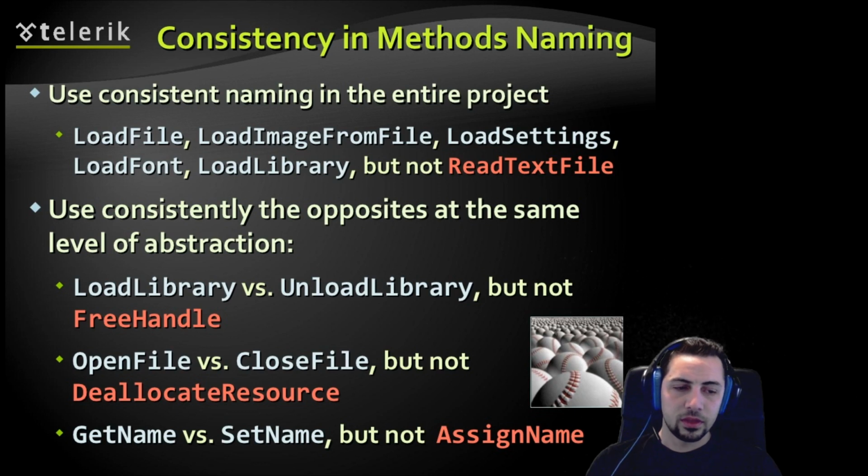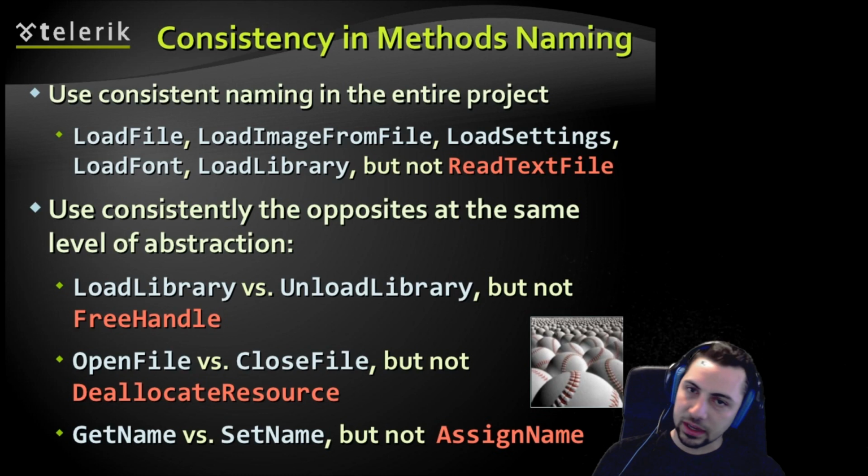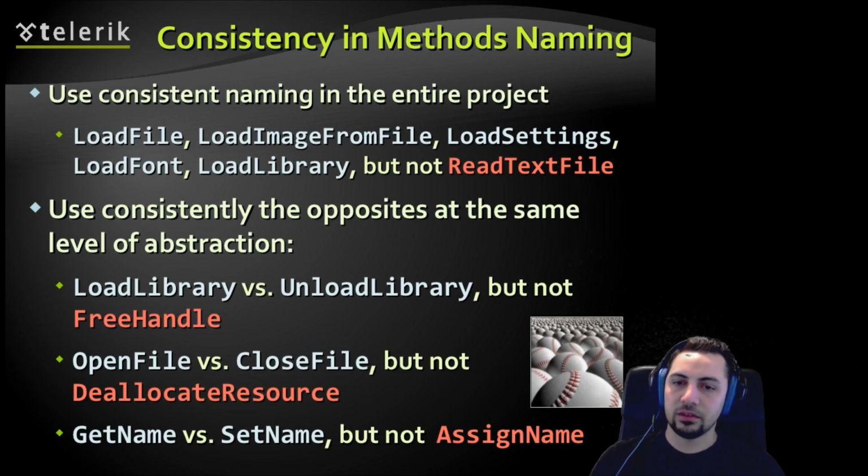Okay, this is difficult to keep track of, this next practice of naming methods consistently. If you have a method called load file and then load font, you have created a consistency. You've created a pattern. Everything starts with load, and then you load something. Load a library, load a file, load a font, load an image, load settings. It's very difficult to keep track of this, but it's worth it to spend the time going over.